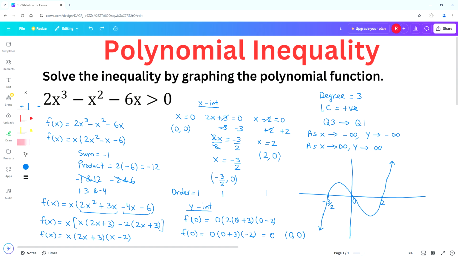As we can see in this graph, the graph is above the x-axis between -3/2 and 0 and to the right side of 2.